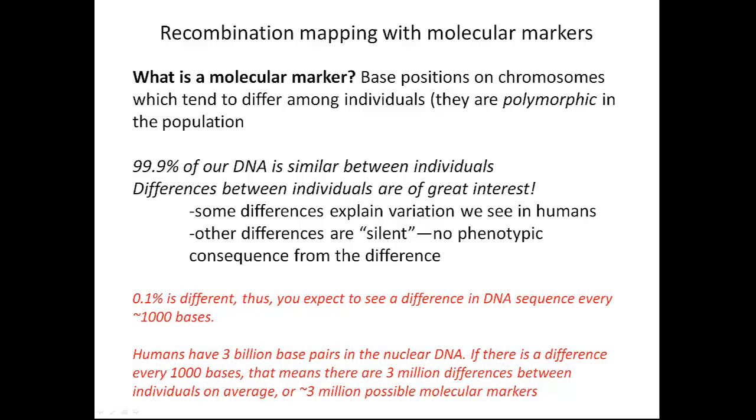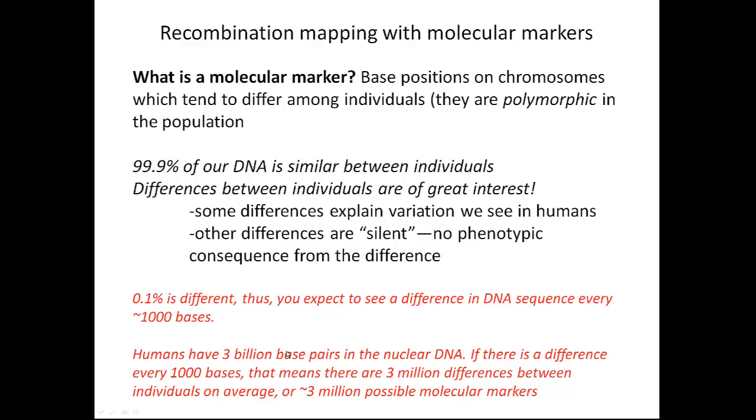So if we look at that very small amount, that 0.1% that is different, it sounds like a negligible amount of DNA sequence that actually varies between individuals, but in reality, it is an average of one difference per 1,000 bases of DNA. And we've got a lot of DNA. So humans have 3 billion base pairs, roughly, of nuclear DNA.